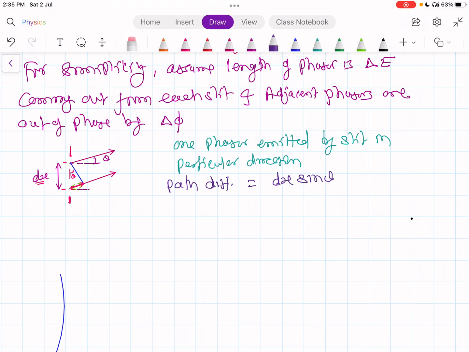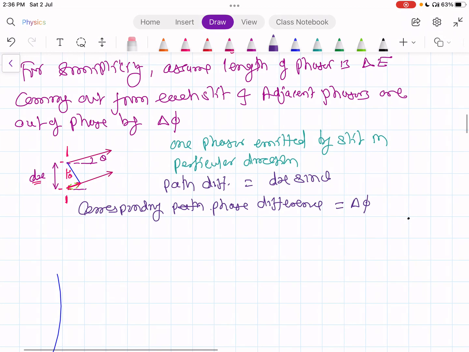If this is the path difference, then the corresponding phase difference, let's say delta phi, between the adjacent phasors is equal to 2 pi by lambda times dx sine theta.